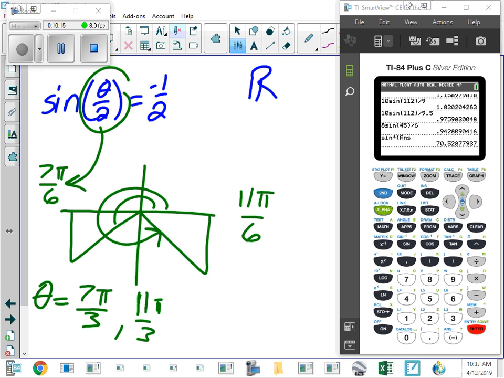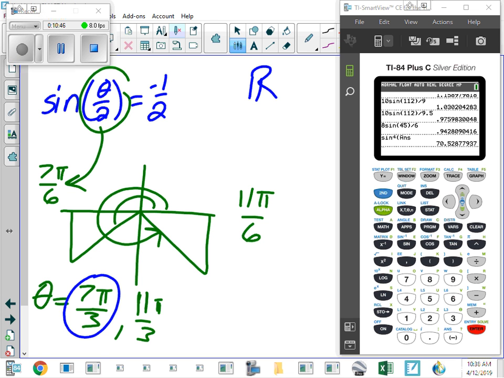Okay. What would the next angle be that lands in the same place to create the negative 1/2? So do we add 2 pi to these? Well, we multiplied by 2, so instead of 2 pi, we need to add 4 pi. Because does this fit inside one rotation?